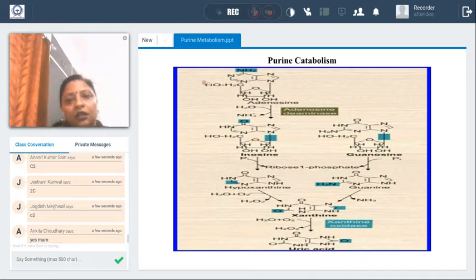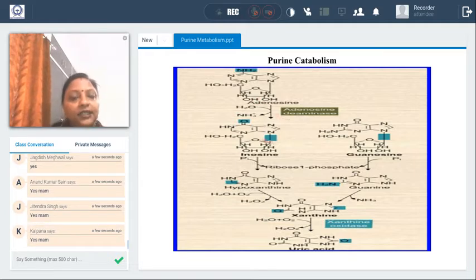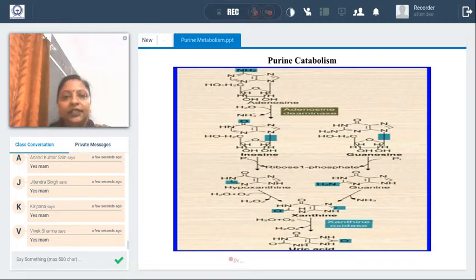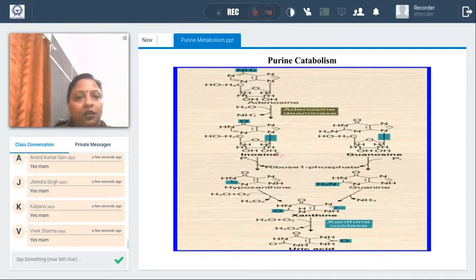Next one is purine catabolism. Till now we have studied the synthesis of purine. Two processes are there.